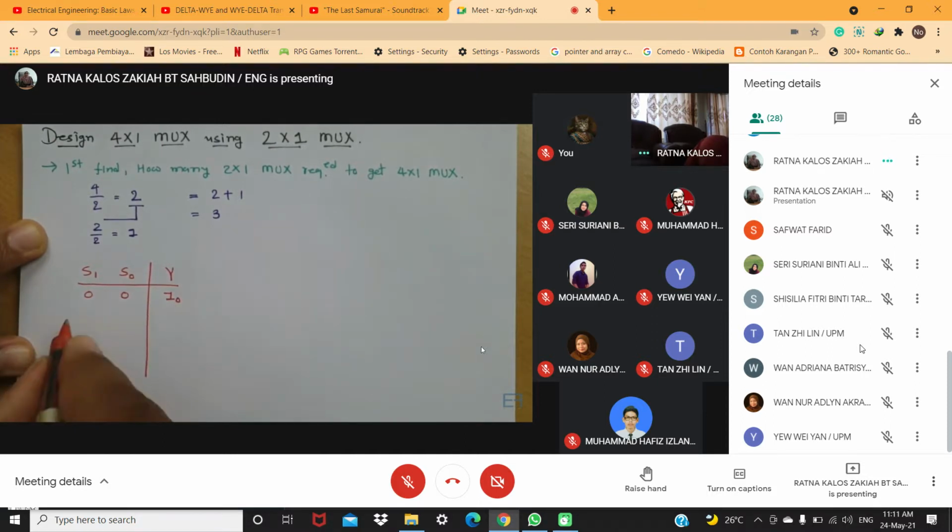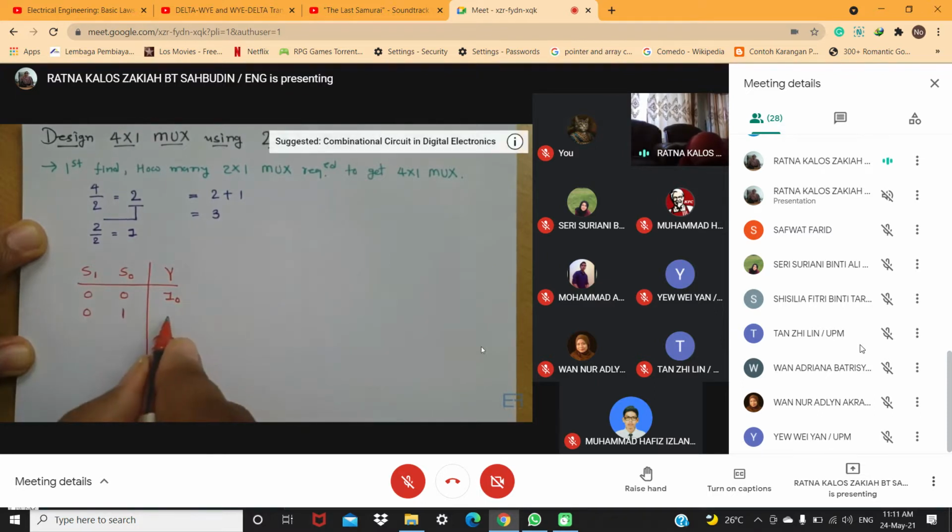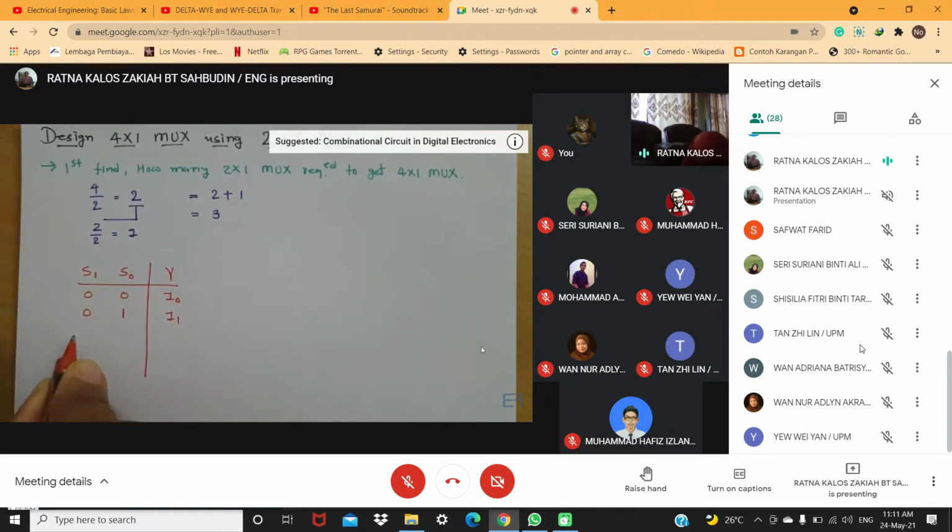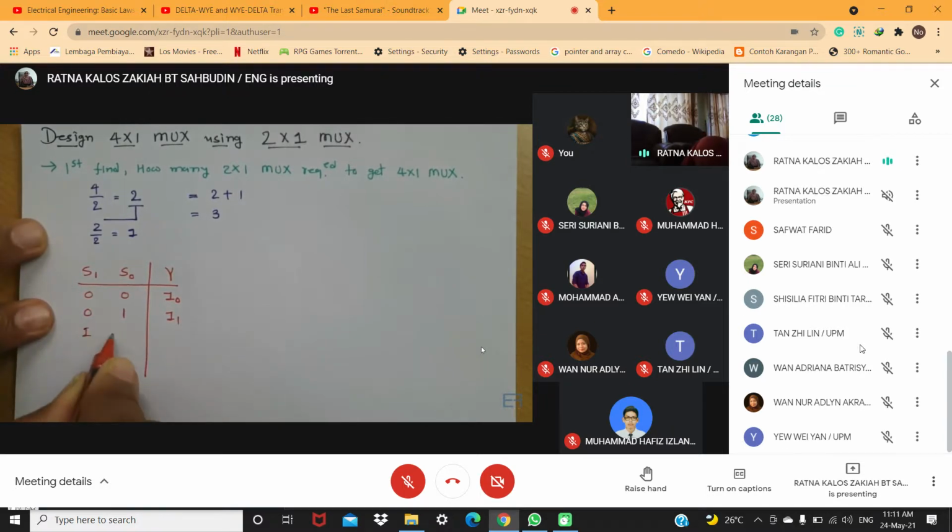If it is 0 1, I1 will get selected at the output side. If it is 1 0, then we have I2 selection. If it is 1 1, we have I3 input selection at the output side.